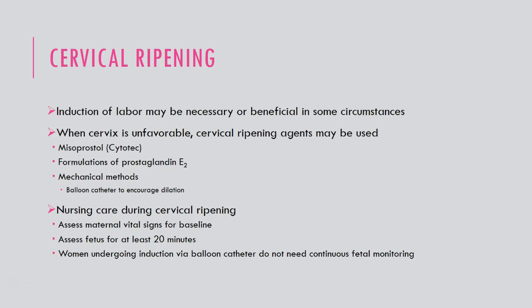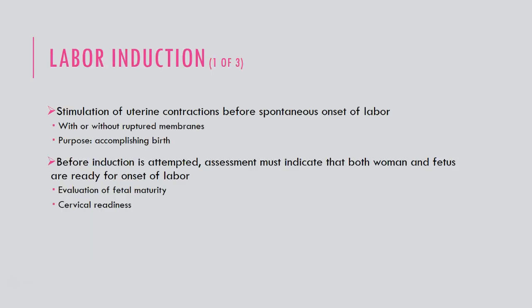For the woman who is having a balloon catheter, a mechanical method of opening, she does not need continuous fetal monitoring, but that probably is going to be sort of painful for her. So you would want to keep an eye on her pain level.